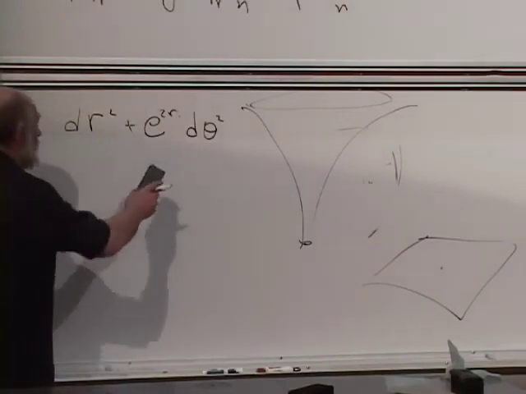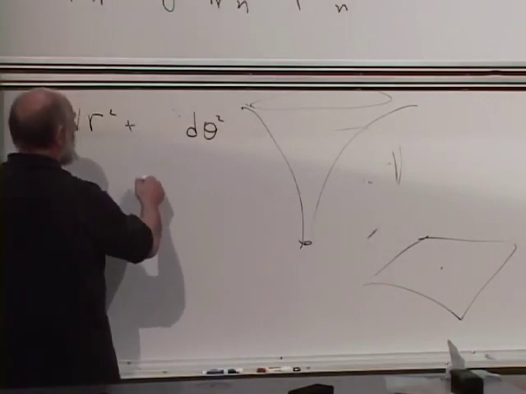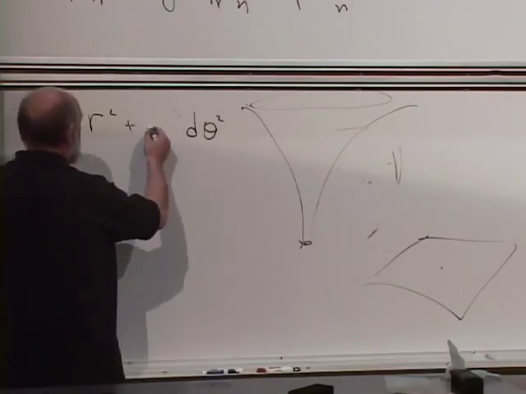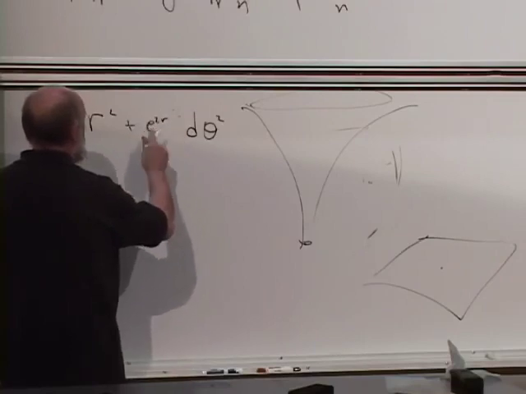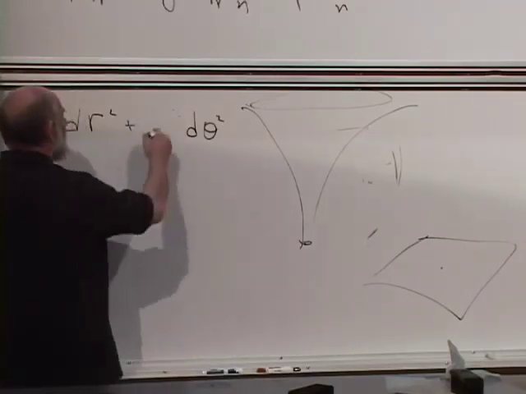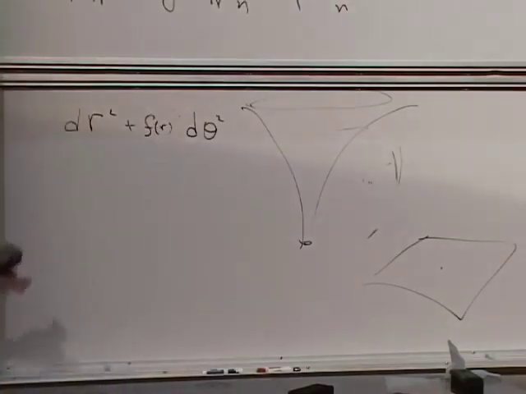You could put in all kinds of things, say e to the 2r times some arbitrary function which grows and at the same time oscillates.